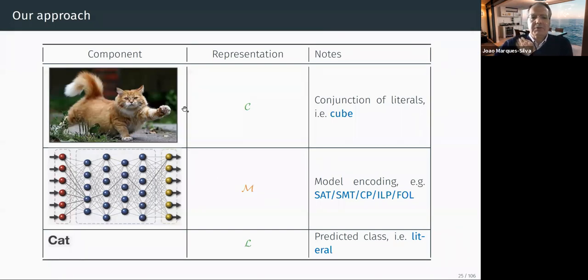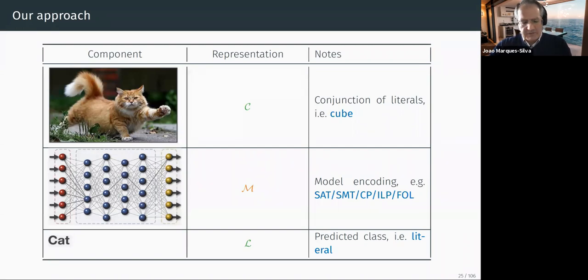So the input, in this case the image I showed before, I'm going to represent as C, to be consistent with the previous slide. These are all the literals describing the input, and this is why I call it the cube. Now the machine learning model is going to be represented as M. And again, as I showed before, we can encode it, depending on the type of machine learning model, with SAT, SMT, mixed integer linear programming, whatever.